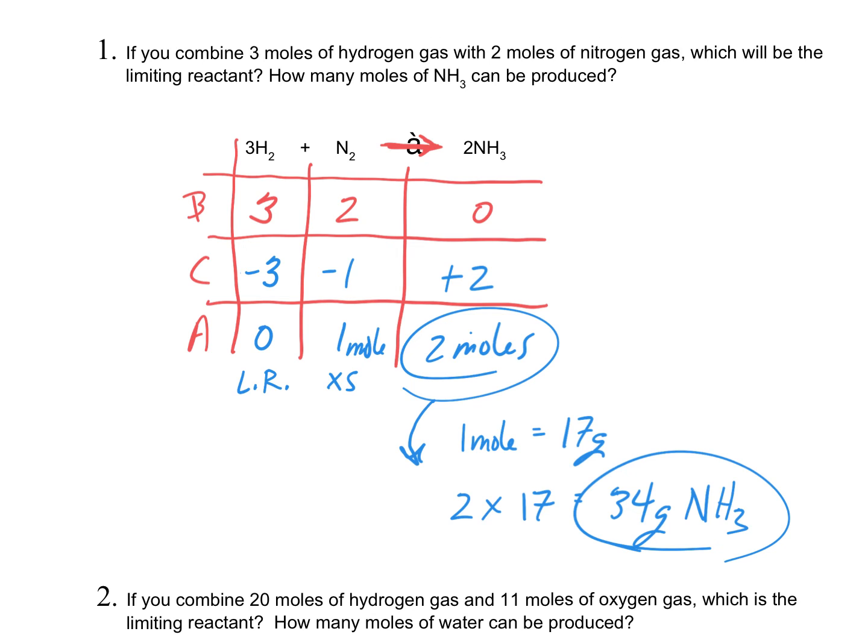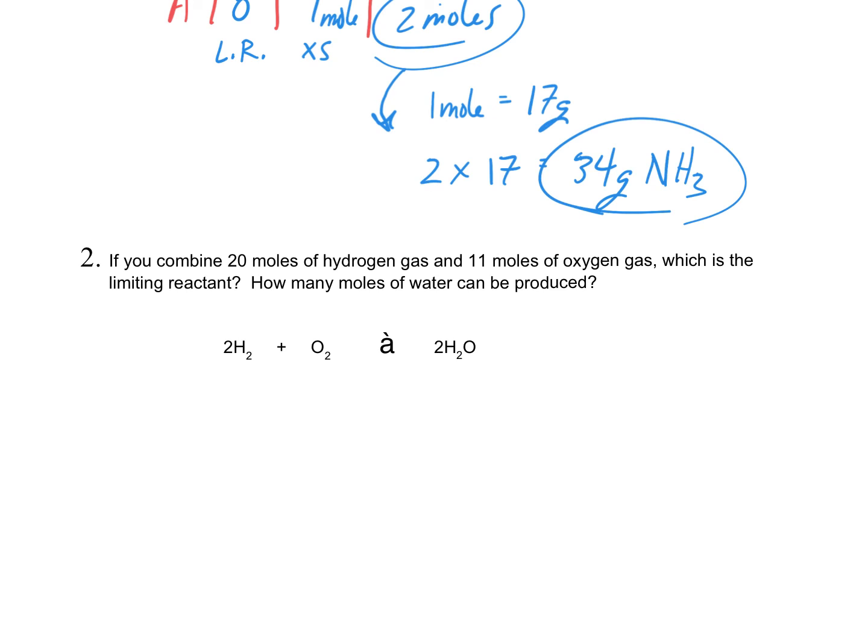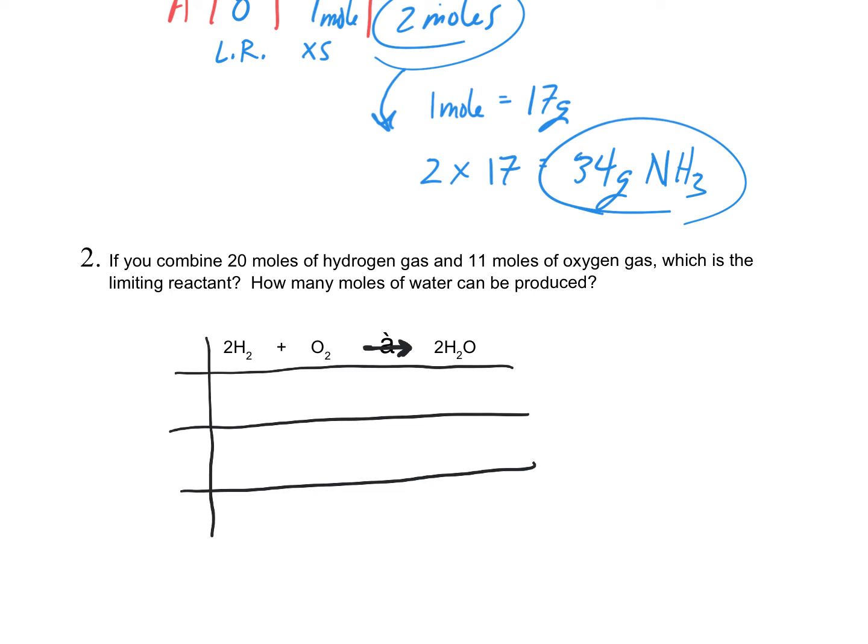Let's try another problem. Okay, well, why not go ahead with number 2? So again, I have no idea why that symbol is there because that should be an arrow. I am just going to start with a BCA table, just like we always do.